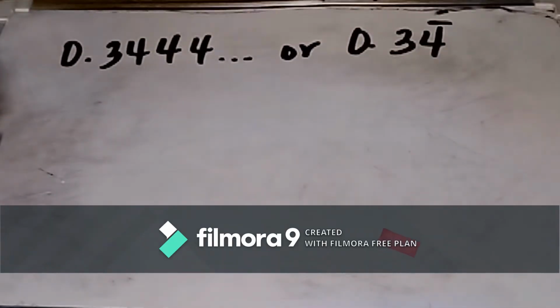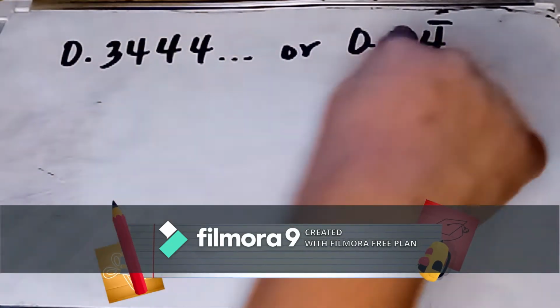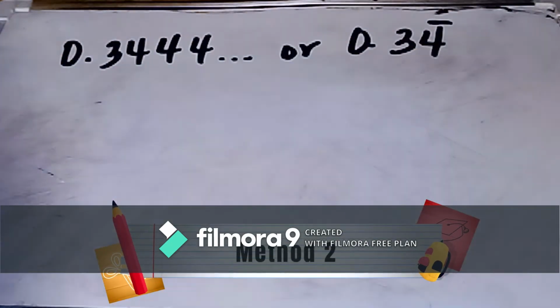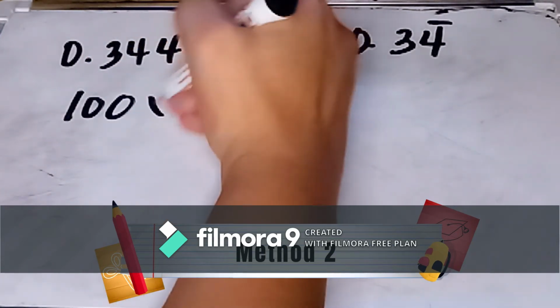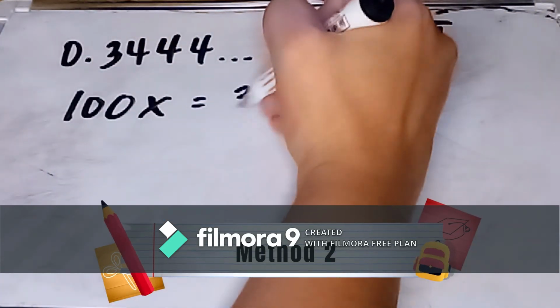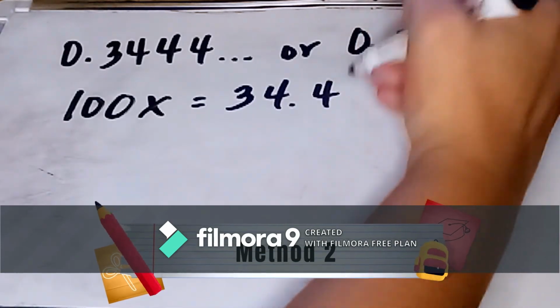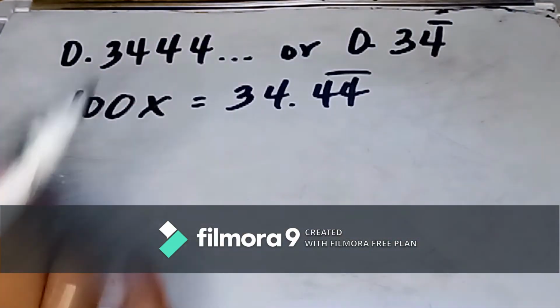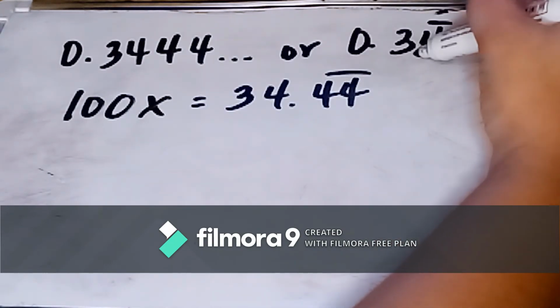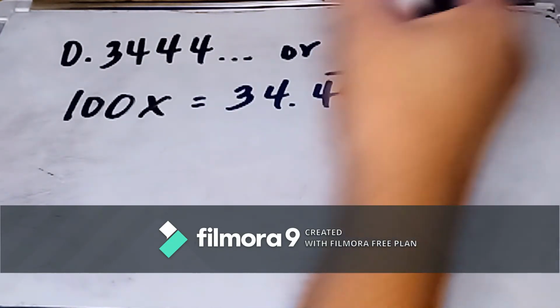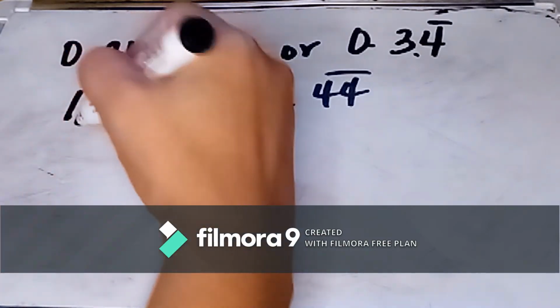Ikalawang paraan, i-move ang decimal point kung saan ang matitira sa bandang kanan ay puro repeating decimal. So, i-multiply siya by 100. 100x equals 34.44. Then, i-move ang decimal point ng isang beses.